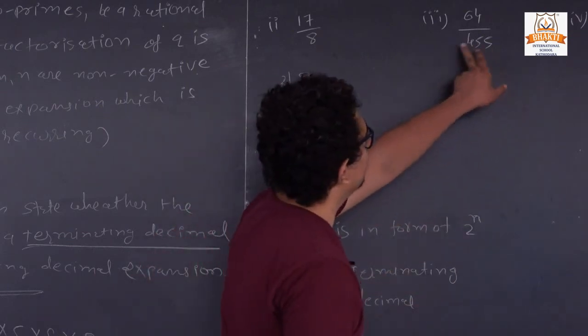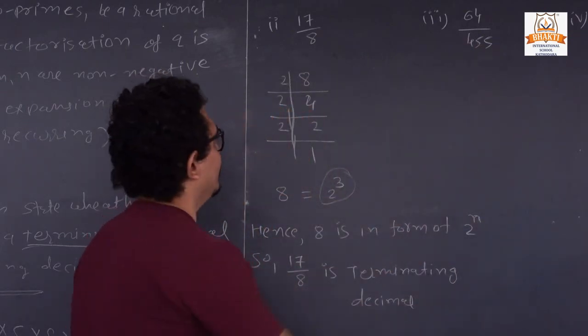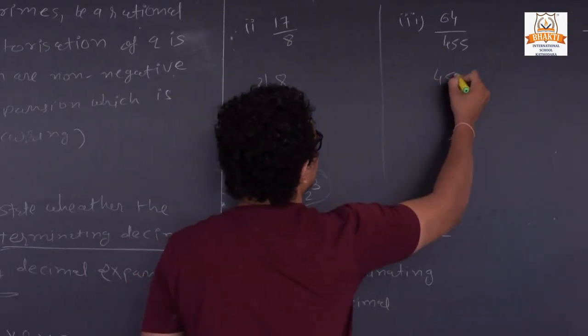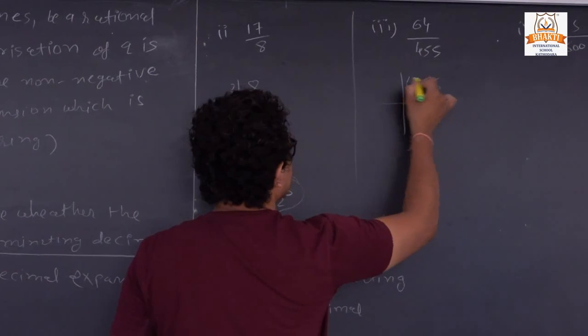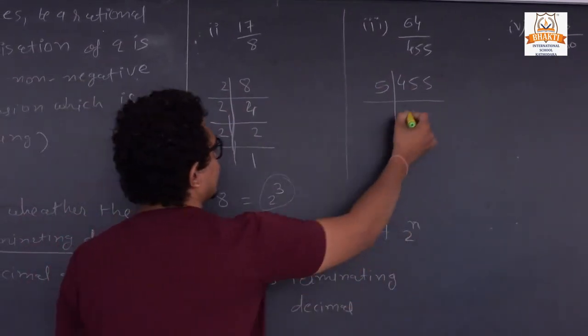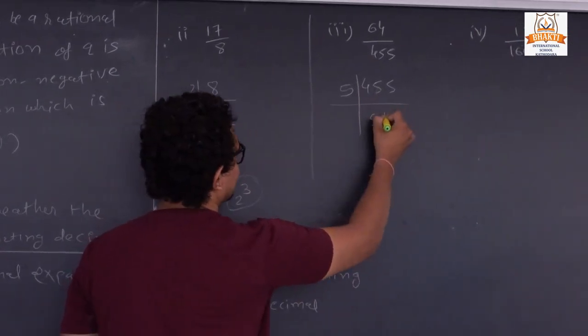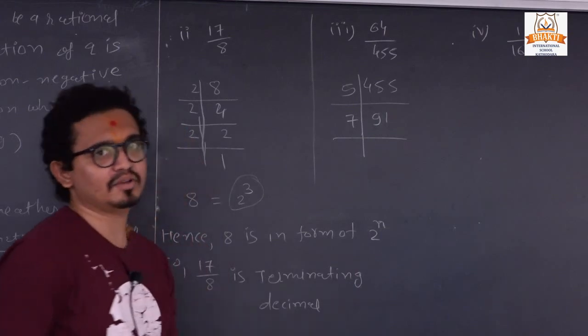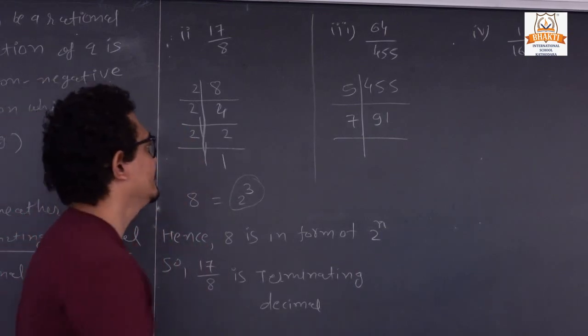Next, 455. Now what happens with 455? First of all we need to find its factors. The last digit is 5, so it will be divisible by 5. 5 nines are 45 and 5 ones are 5. Then it will be divisible by 7, because 13 sevens are 91.